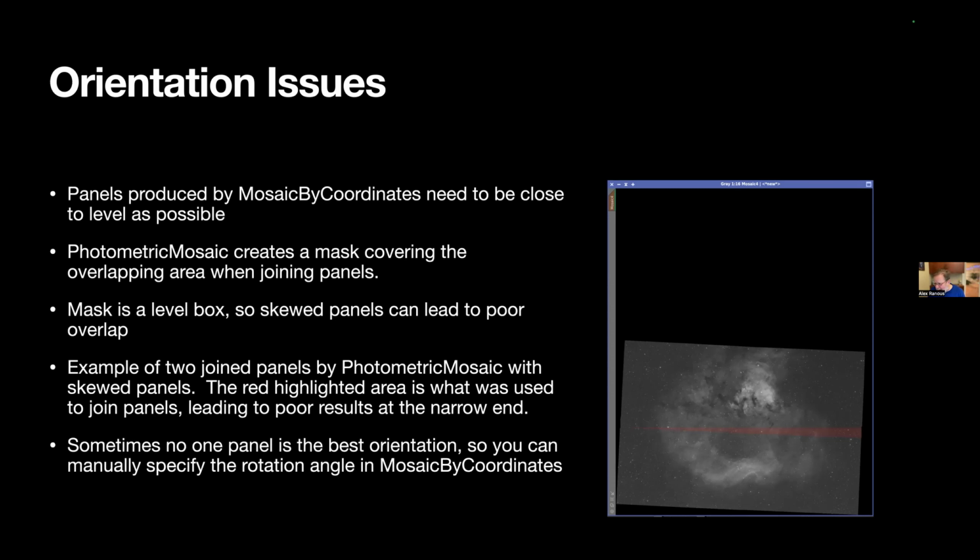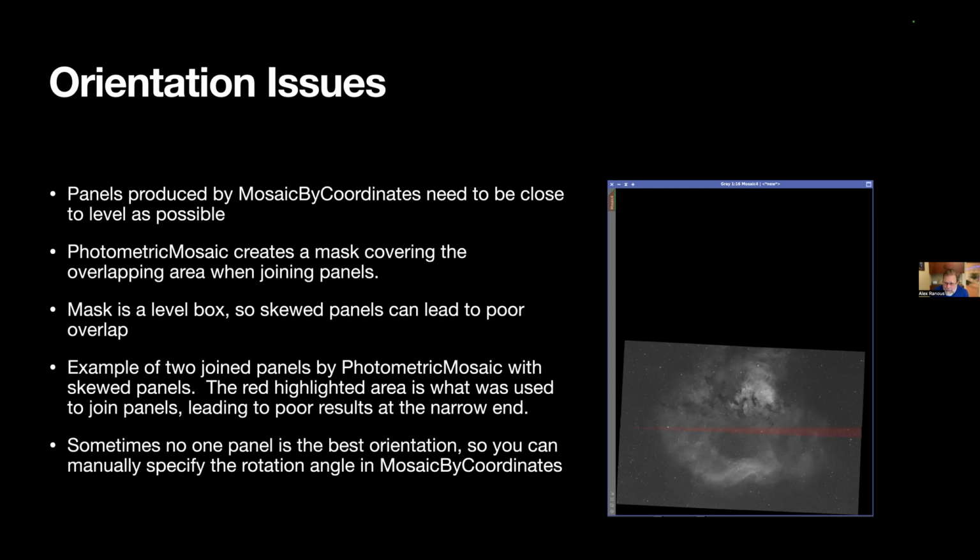If you look here on the right, you'll see that it tapers off to the left, and as a result, the amount of overlap that it's blending goes to almost nothing, and it can lead to poor results. So you want to make sure you pick the first panel in the list such that everything gets squared up as a result.